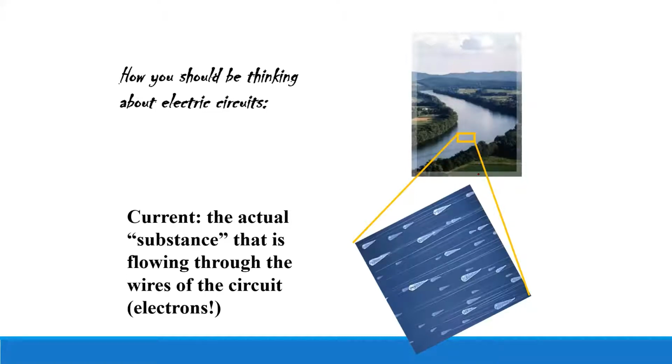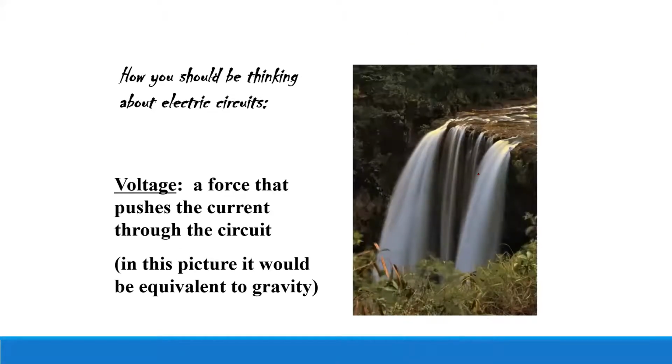That's what we talk about when we talk about current. Voltage is the push, the force that pushes the electrons. In this picture, it's gravity, because gravity is forcing the water to fall downwards, and it's going to force the river to keep moving.